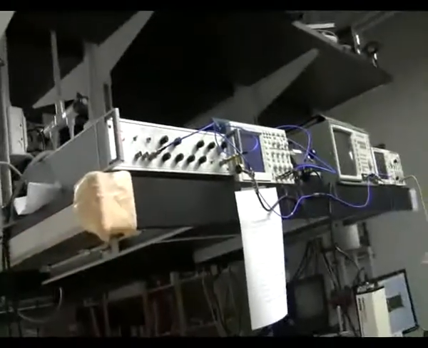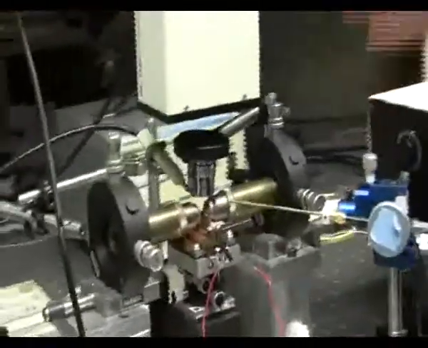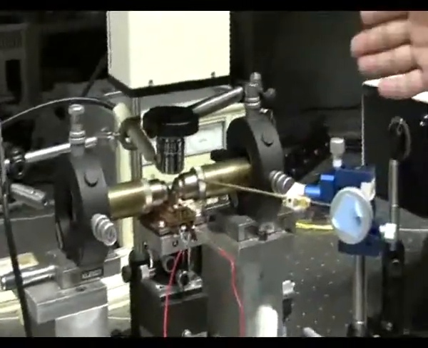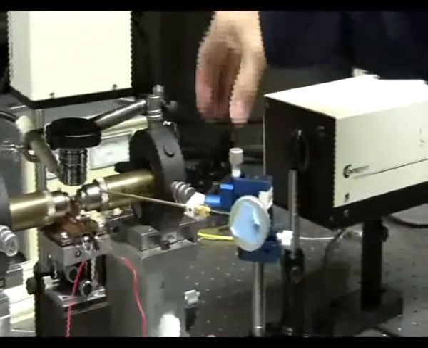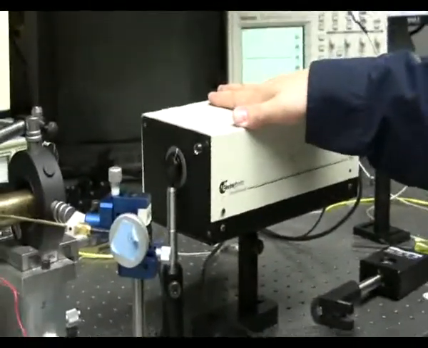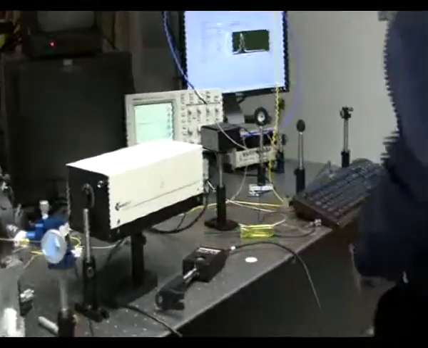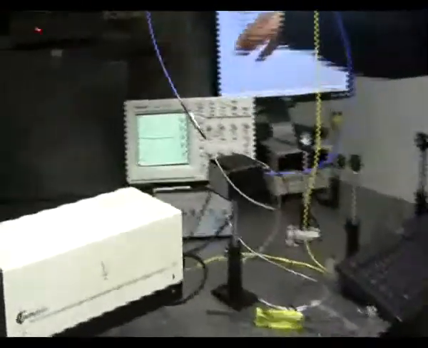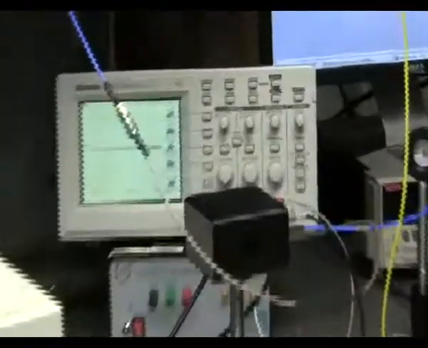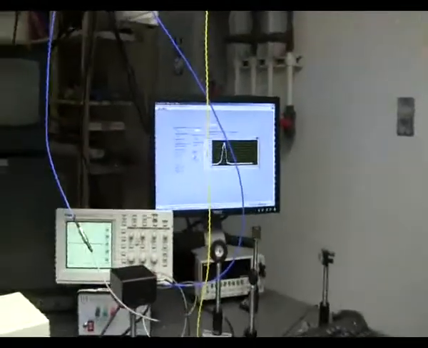The input signal is coupled into the OAWG chip through this objective lens, and another objective lens at the end of the OAWG chip collects all the optical signals and projects them to this CCD camera, and also a high-speed photodetector. All the signal from the photodetector goes into this oscilloscope, combined with all the other information, and goes into this GPIB data collection unit.